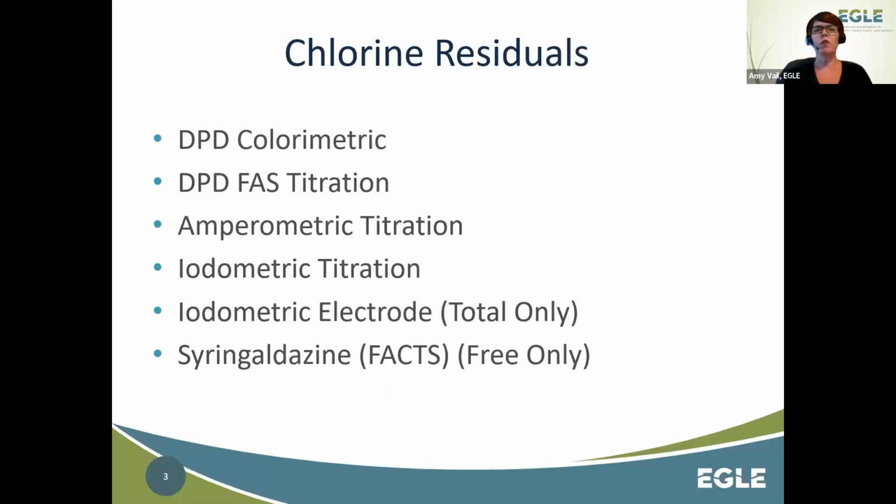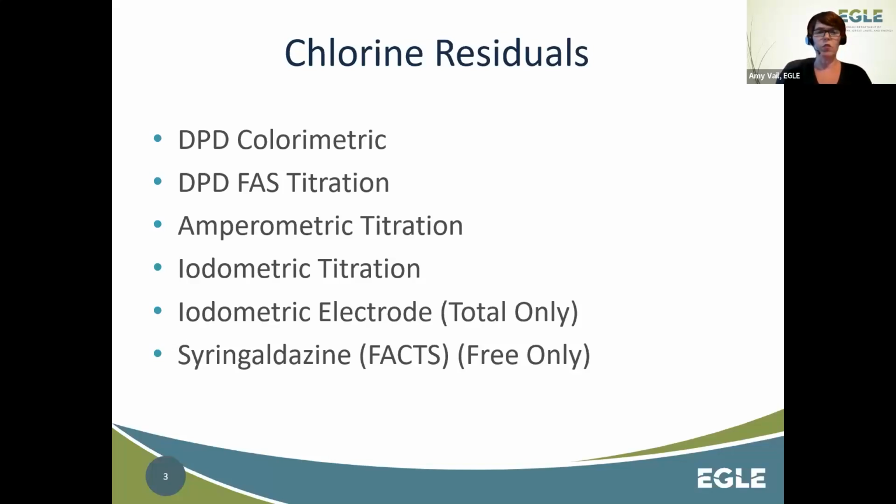So for chlorine residuals, there's a lot of different approved methods. Most of you are probably familiar with DPD colorimetric, which I think most people use, which is like the Hach colorimeter. But there are also different methods out there which are more precise, such as the titration methods.